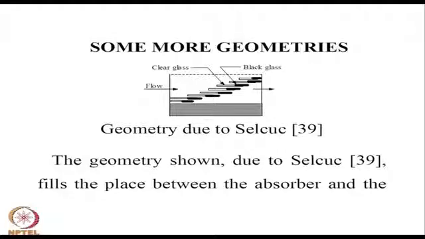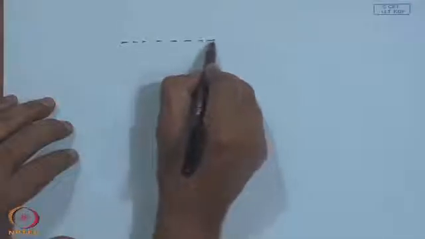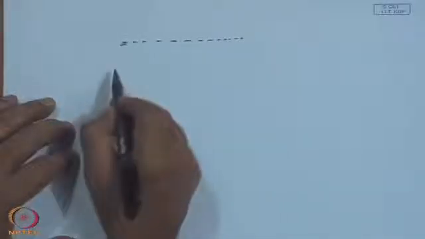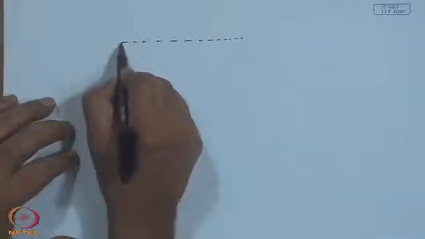There are some more geometries, particularly for airflow. The search has been to improve the heat transfer coefficient and improve the absorption mechanism, and this is one proposed by Selkirk.